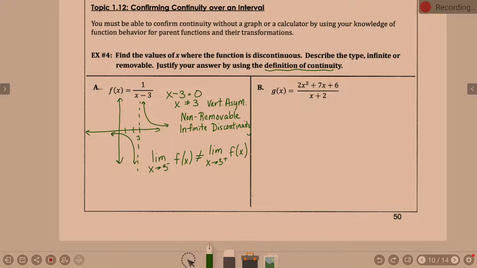You could also use the fact that f of 3 is undefined, or as we talked about, D and E. For both of those reasons, we can say this fails the definition of continuity. And it's not even that you have to say both. As long as you can say one of them, you've got it.